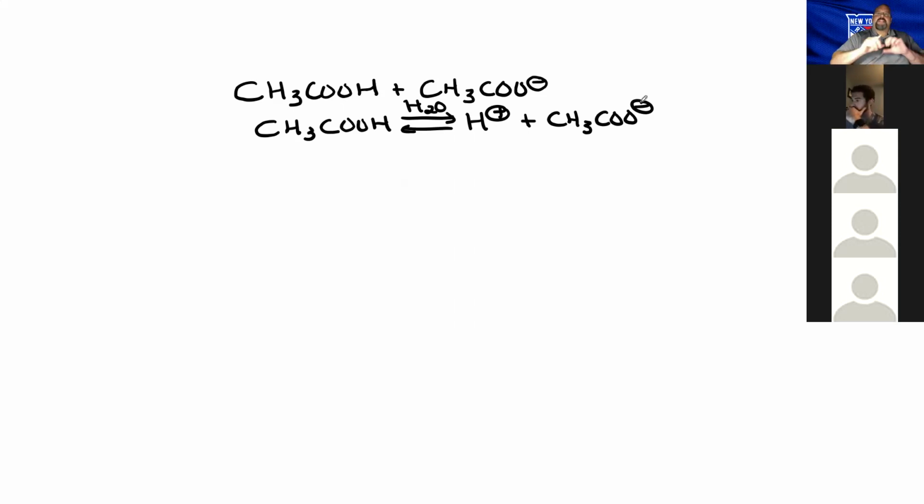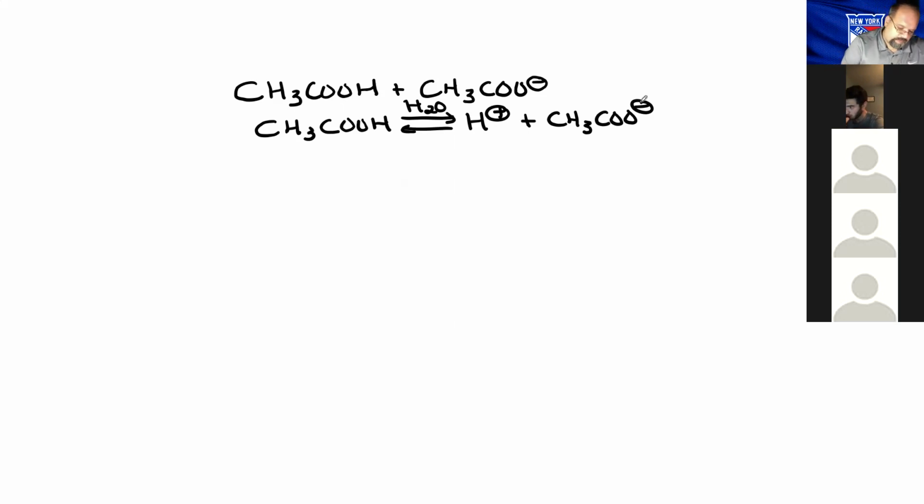In other words, as some of it splits apart into ions, some of those ions recombine. It's like the seesaw, back and forth, back and forth. So when we look at this equation, we can tell that acetic acid is not only an acid, but also a weak acid. So that's to keep in mind as well.